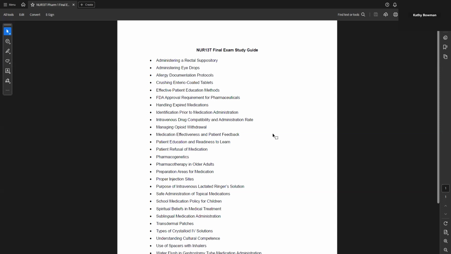Okay. And then another item to remember is to notify the provider and pharmacy about contraindications of, let's say, a prescription.